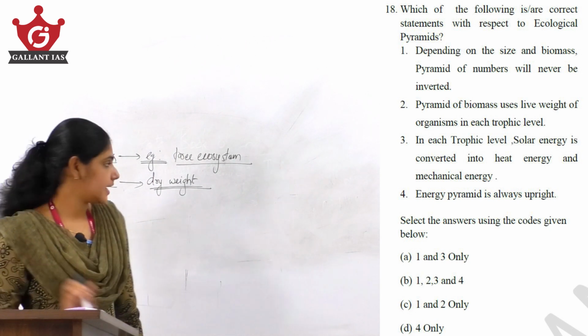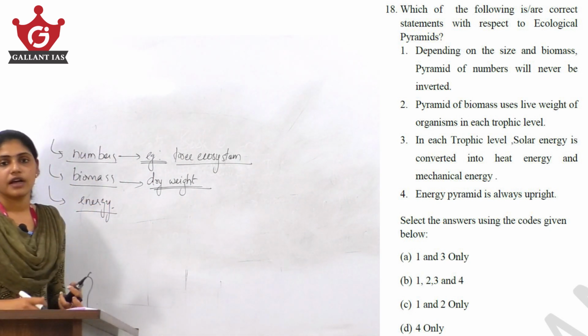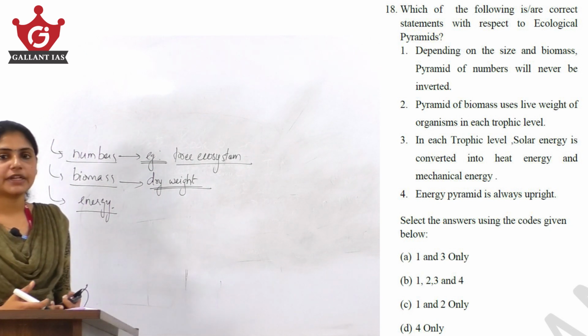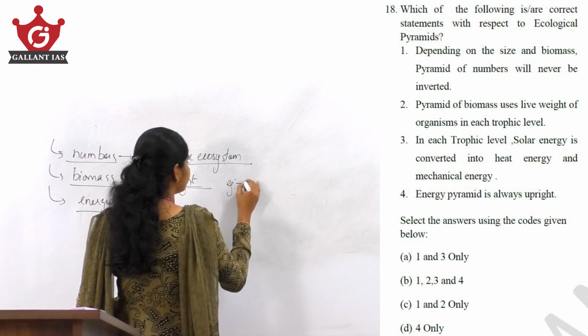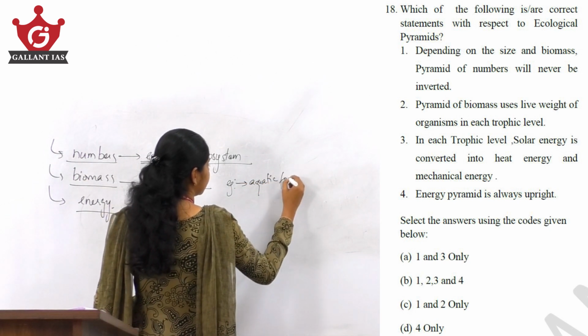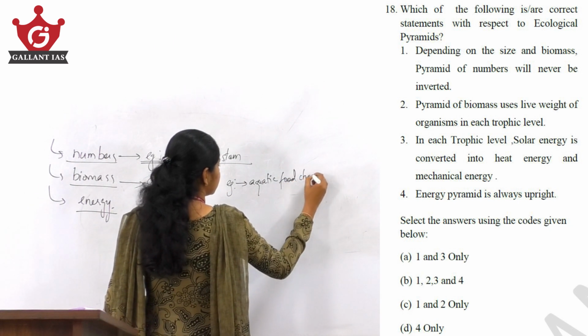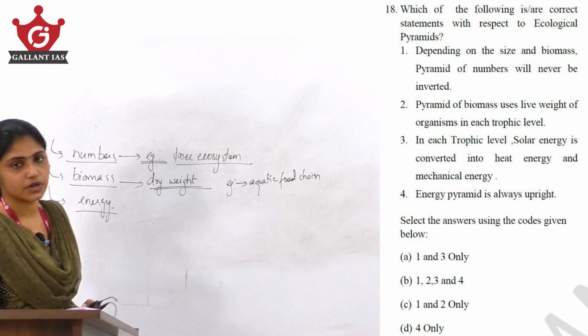Also, the pyramid of biomass can be upright, and at the same time it can be inverted, as in the case of an aquatic ecosystem. In an aquatic food chain, you can see the pyramid of biomass is inverted.